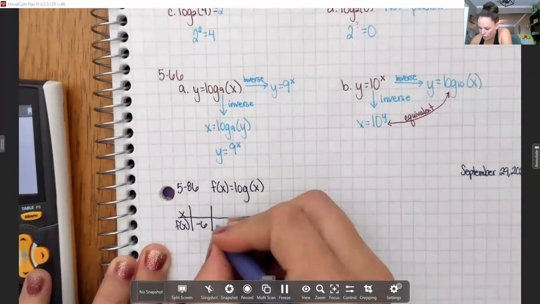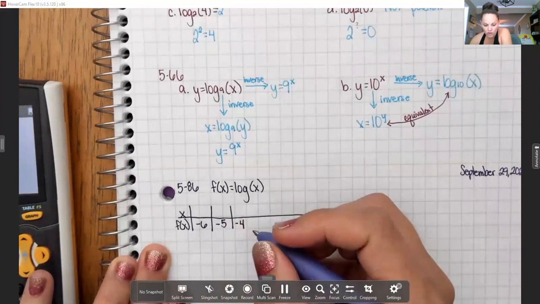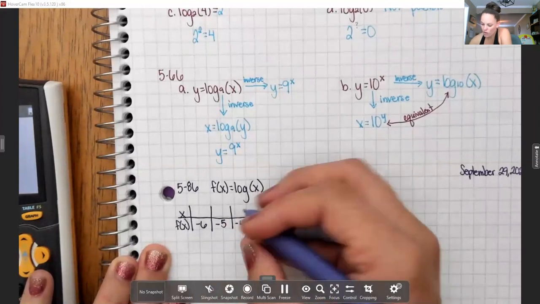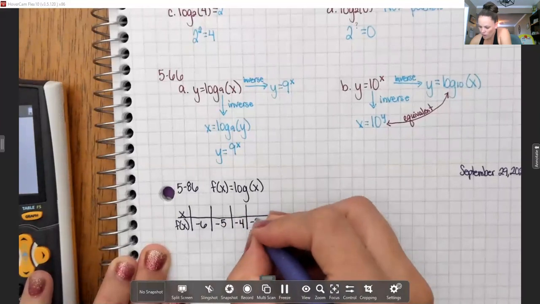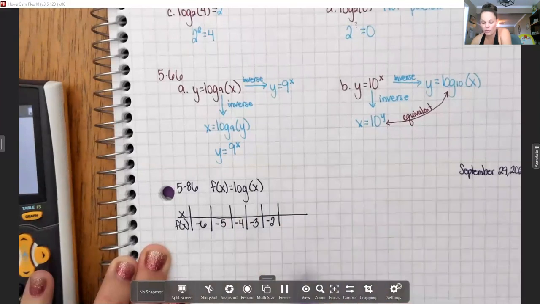And they switch because they give us some y values and some x values. So again, this is straight out of the book. If you're following along, it says copy and complete the table.